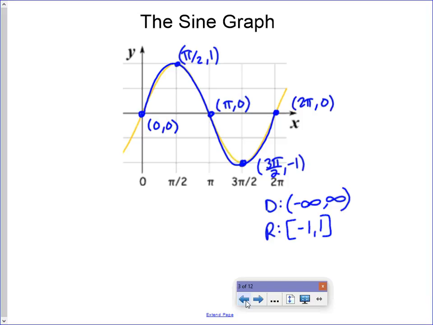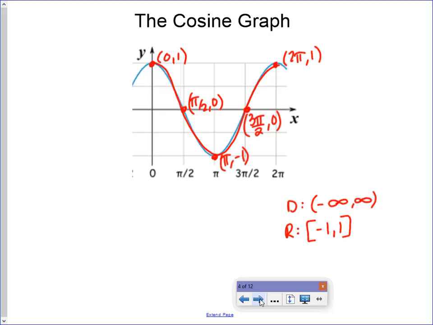So the starting point for your frame is the starting point for a sine function. But if you think about our other function that we're going to be graphing, which is cosine, the starting point for the frame is that 0, 0 point, which is not actually on the graph. So you'll have to be aware of that whenever you're graphing cosine.